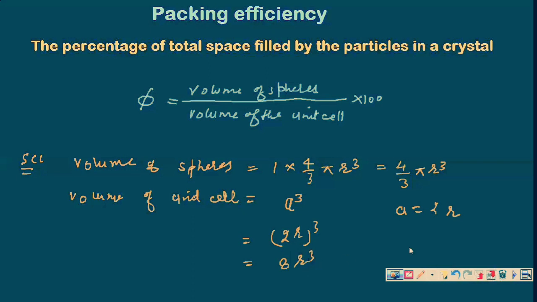Now find the packing efficiency. The packing efficiency will be the volume of spheres we have calculated earlier, 4 upon 3 pi R cube, upon the volume of the unit cell we have found, 8R cube. Here R cube is cancelled by R cube, and 4 to the 8 gives pi upon 6, and you have to multiply it by 100.